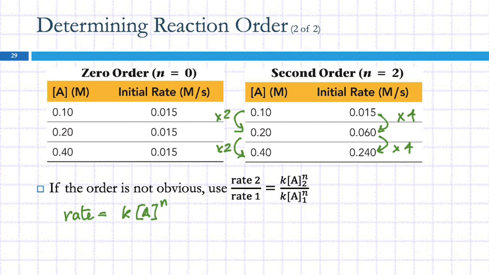So what we can do is take the rate at one set of conditions, so concentration 1, and divide it by the rate at a different concentration. Does the rate constant change? No, because it's a rate constant. It stays the same, right? So the rate constants cancel out.